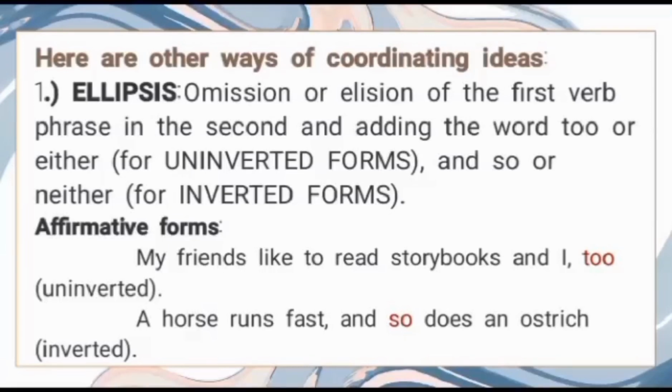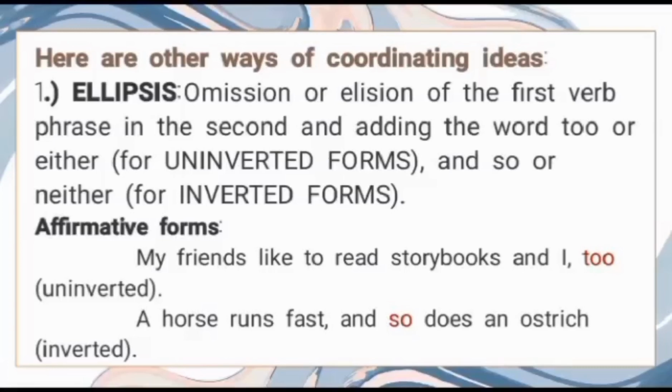Usually, the format of a sentence with a complete thought is subject before verb. In inverted, it is reversed: the verb comes before the subject. Let's see the example: a horse runs fast and so does an ostrich. In the inverted form, we see that the verb phrase was eliminated, then the subject comes after. You see, the subject is ostrich. That is why in inverted, it is reversed. Verb before the subject.